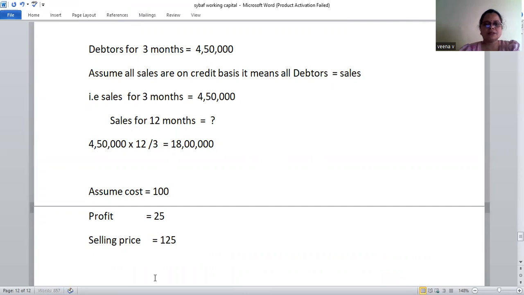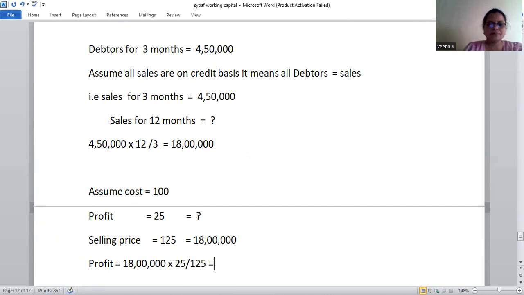Now we know the selling price. Our selling price is 18 lakhs. How much will be the profit? 125 equal to 18 lakhs. How much equal to 25? So by the rule of cross multiplication, profit equal to 18 lakhs into 25 divided by 125.